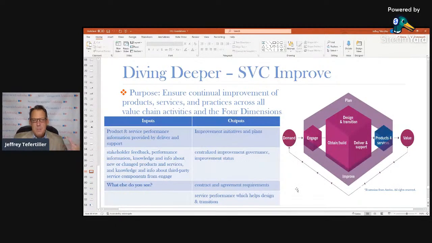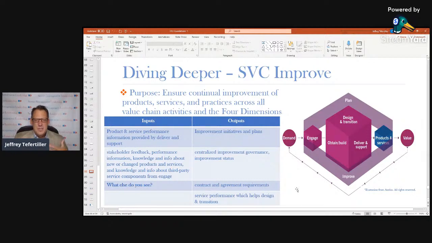So our inputs will be product and service performance information. So think of metrics, things of that nature. Our outputs will be improvement plans. Inputs will be stakeholder feedback and performance information, knowledge, info, all that stuff. And then we output centralized improvement governance. So if you think about it, even improvement has governance.